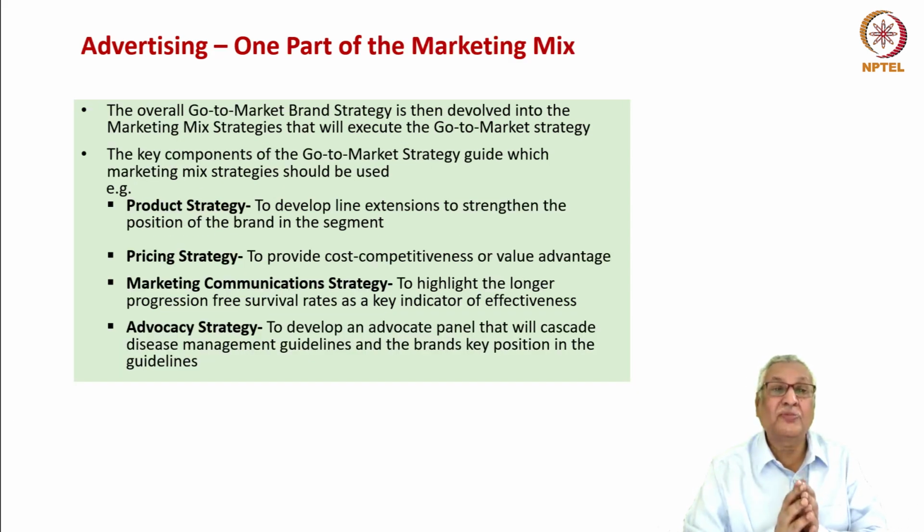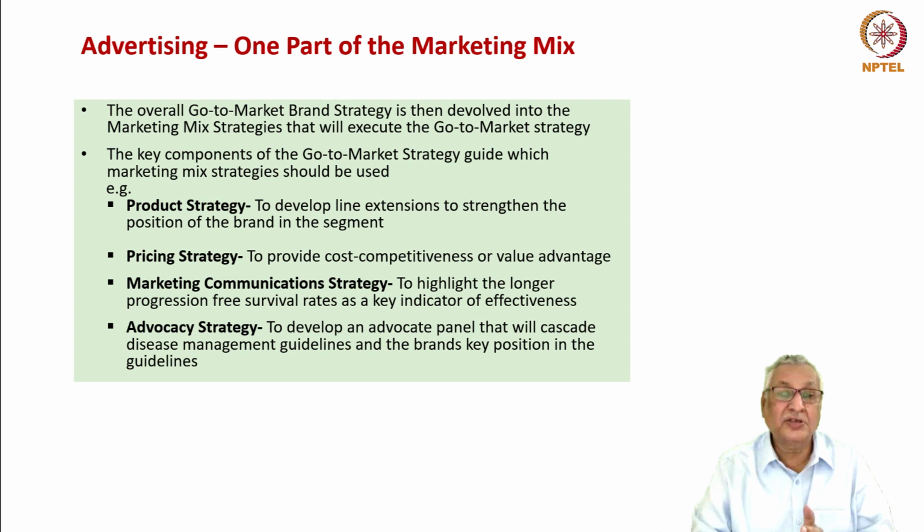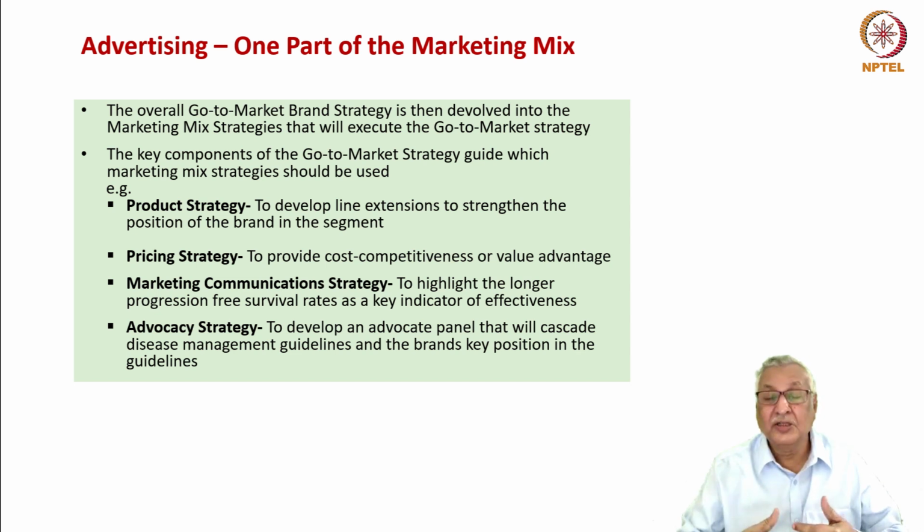We have to therefore remember that while advertising is very important, it is just one part of the marketing mix. You need a product strategy, you need a pricing strategy, you need an advocacy strategy along with the marketing communication strategy. And in a pharmaceutical product, advocacy strategy also becomes important, because disease and therapy go together, and that can be discussed only by experts who can be on an advocate panel.